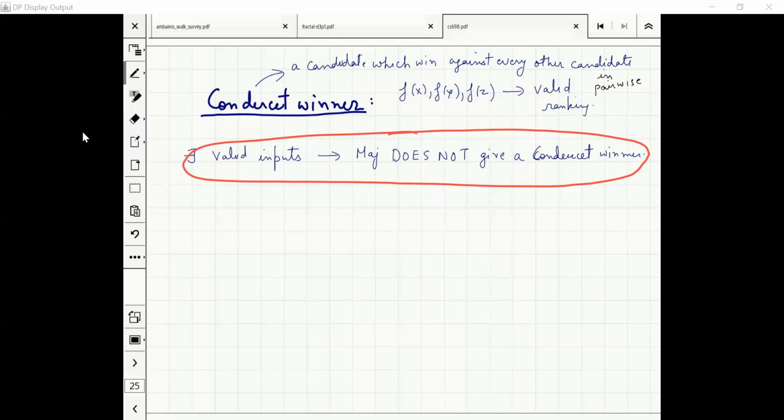Now is the definition clear? Yes. This is what we want ideally. We want a voting rule F such that we always have a Condorcet winner. Our input should be valid inputs. That means no row should have 1, 1, 1 or minus 1, minus 1, minus 1. Then we are looking for an F which always gives a Condorcet winner.